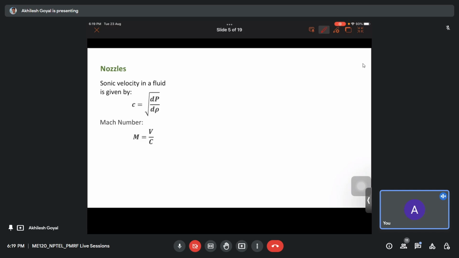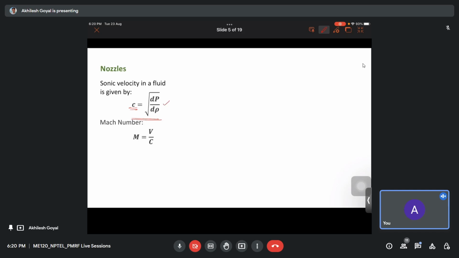Okay, so before looking at the nozzles, first, what is the sonic velocity in a fluid? The sonic velocity in a fluid depends on its pressure and density. So here you can see the sonic velocity C is equal to the square root of del P by del rho.